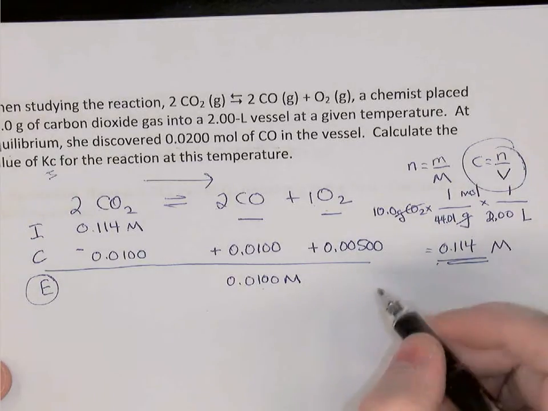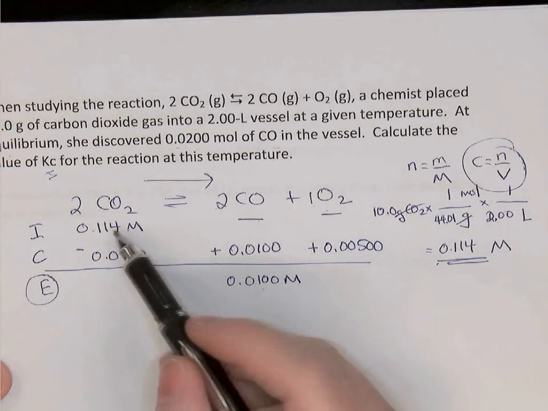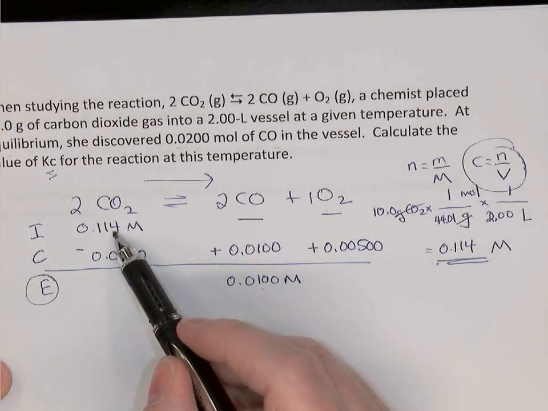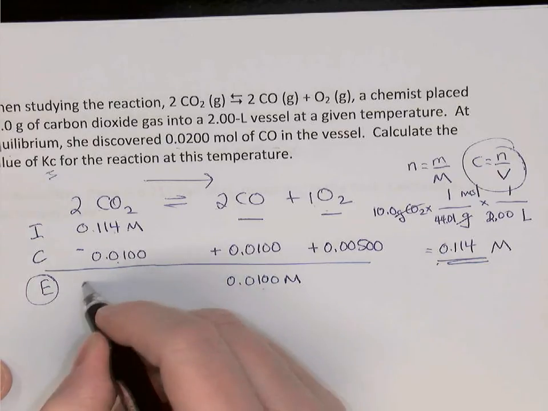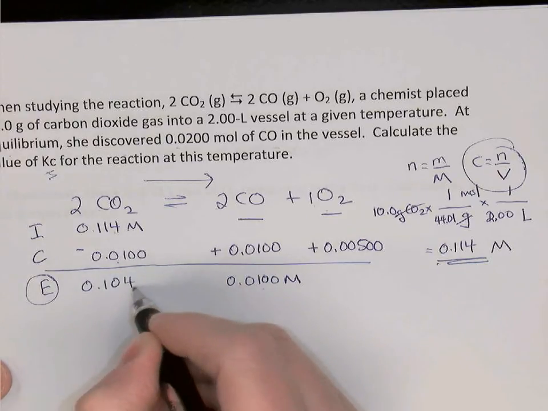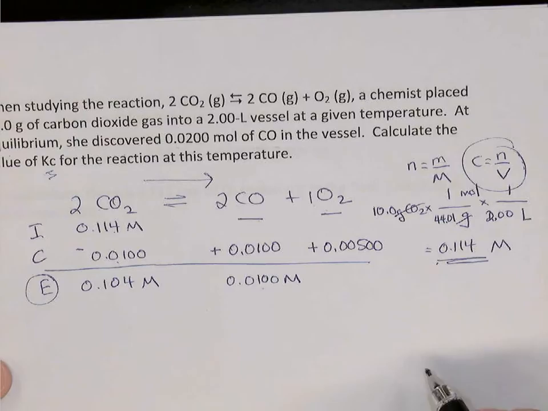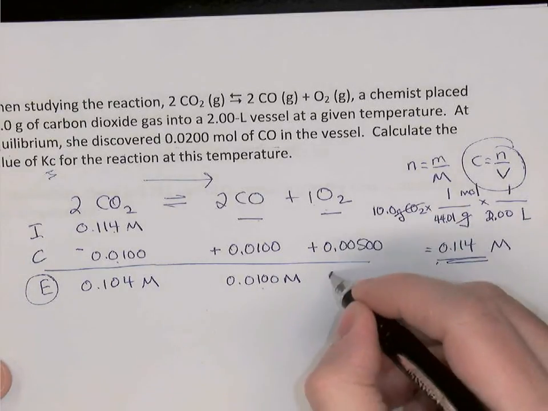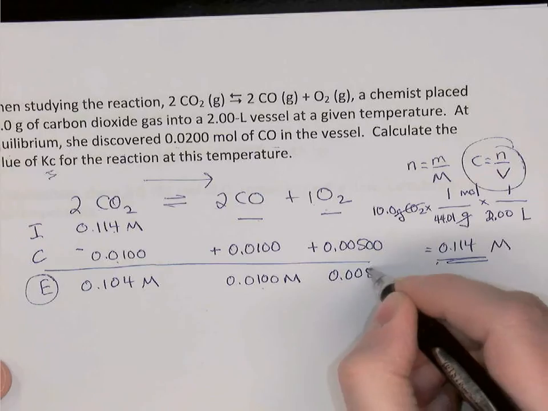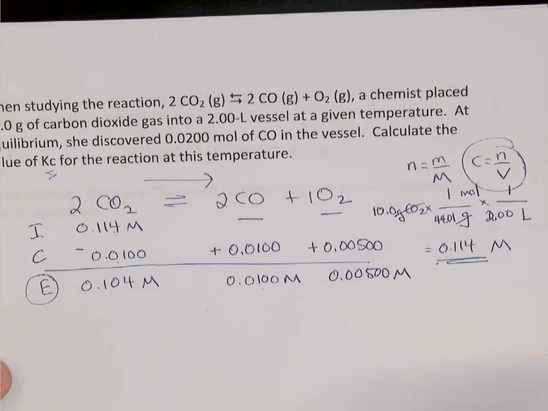0.00500. Now at equilibrium, what have we got? If you started with 0.114 of CO2 and you lost 0.01, you're going to have 0.104 molarity CO2. For oxygen, you started with nothing and you gained this, so you're going to have 0.005 molarity oxygen.